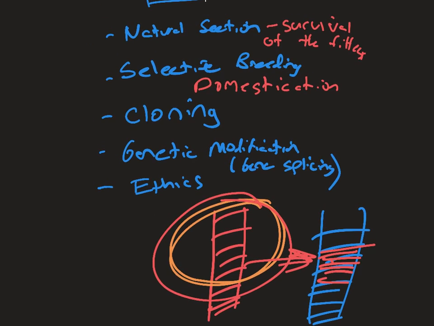Someplace along the line here, you're going to draw your line. Wherever you draw your line, and sometimes it's not just with all of these ideas, but it's with the idea of cloning itself.